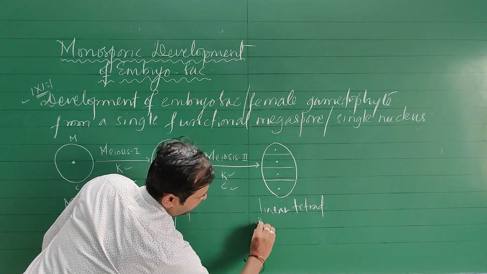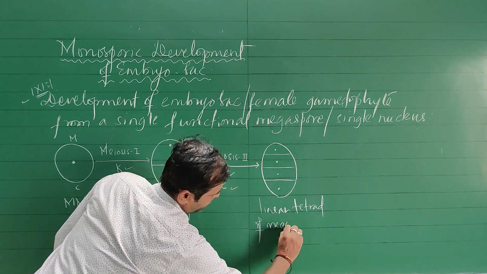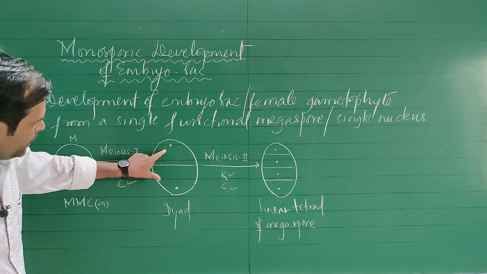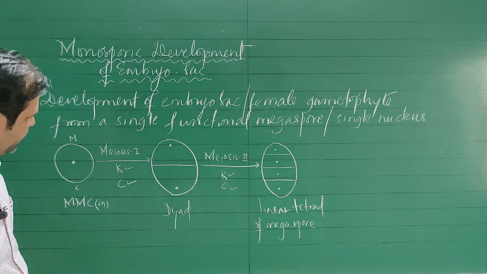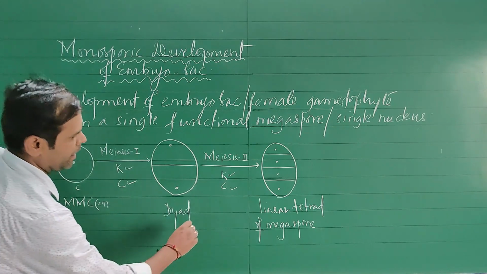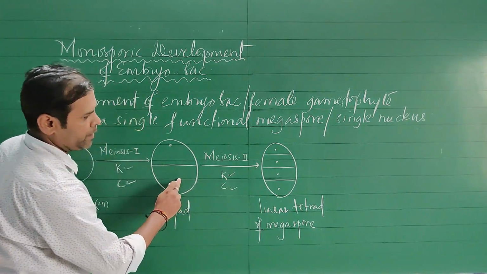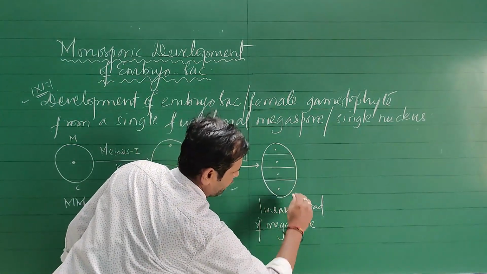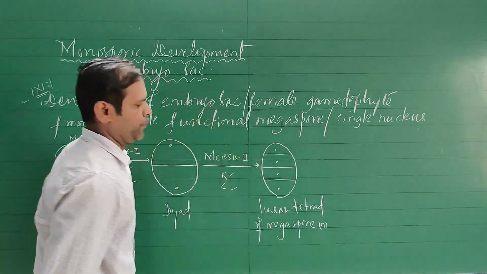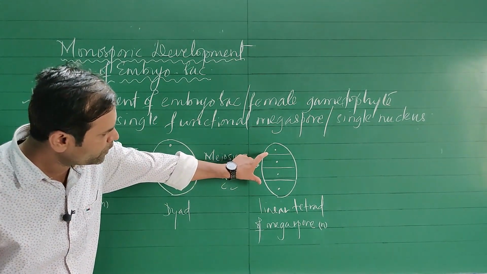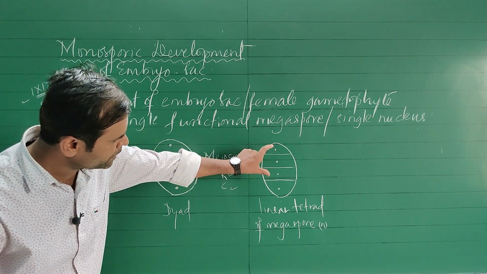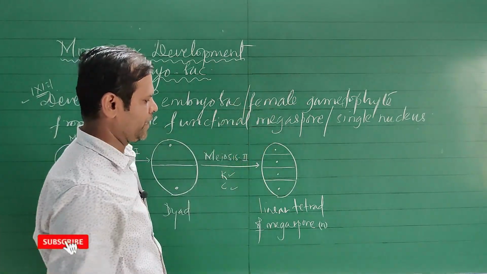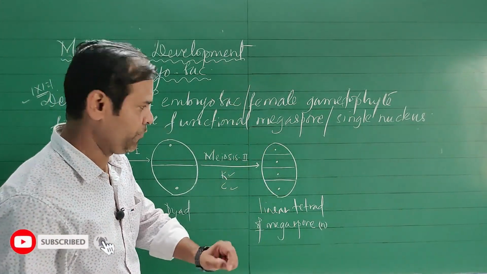Here the two cells formed are haploid, and after meiosis 2 all four linear tetrad are again haploid. Out of four, usually three degenerate and the lower one remains functional.